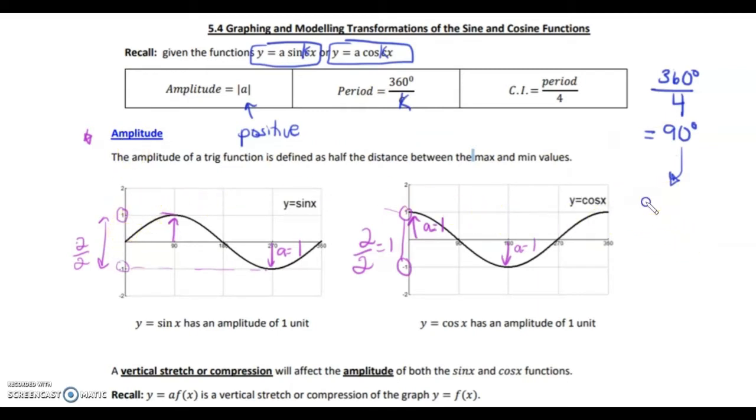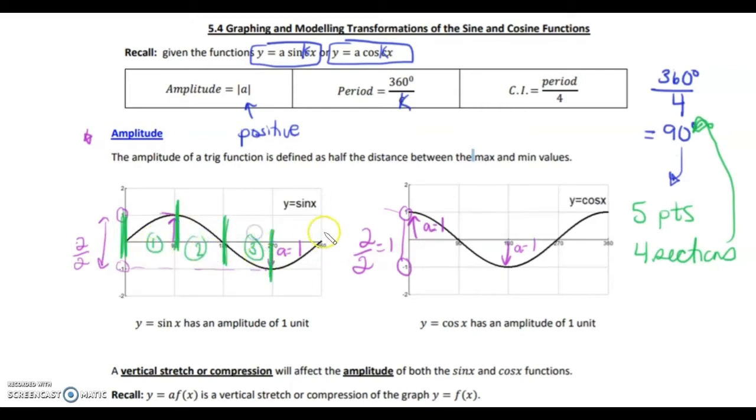We plot a point 5 times, so there's 5 critical points, but there are 4 sections in the graph, and that's why we divide the period by 4. So if we go here, we can see that's 1 section. That'd be the 2nd section, that'd be the 3rd section, and that would be the 4th section.